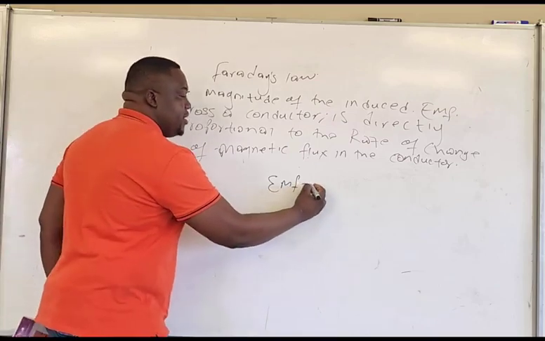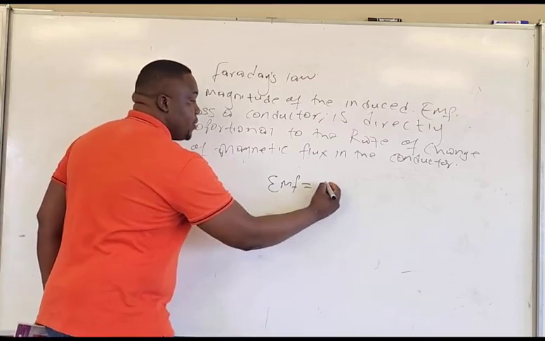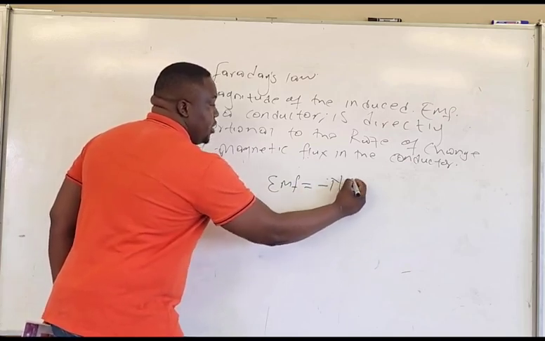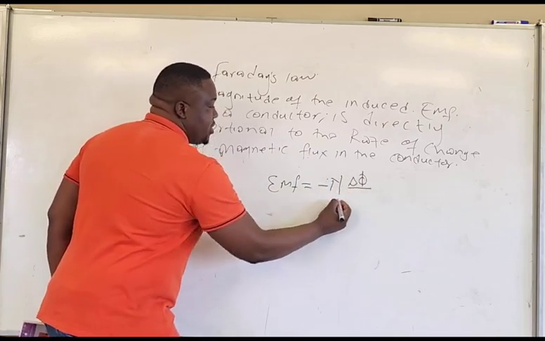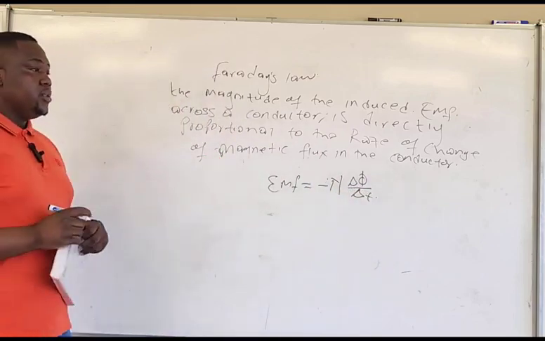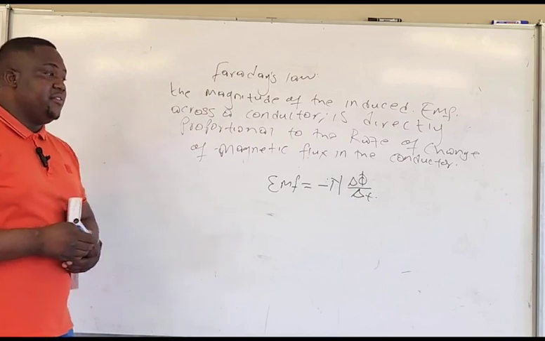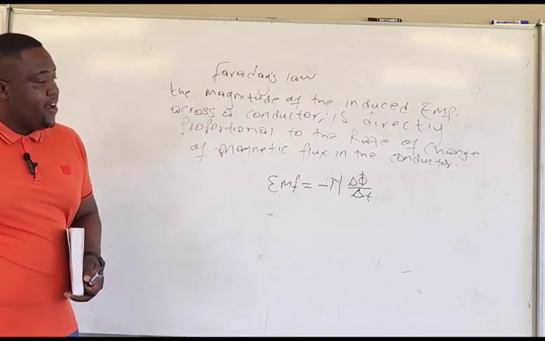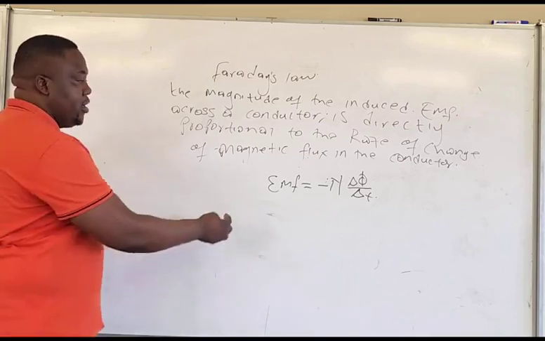This EMF is equal to negative N change in magnetic flux over change in time. Now it is imperative that I explain each and everything that we have in that formula.